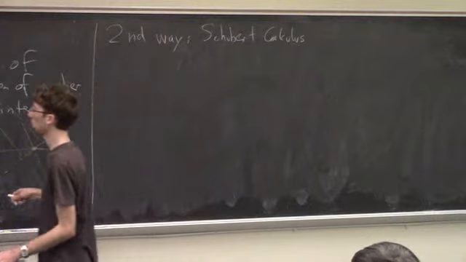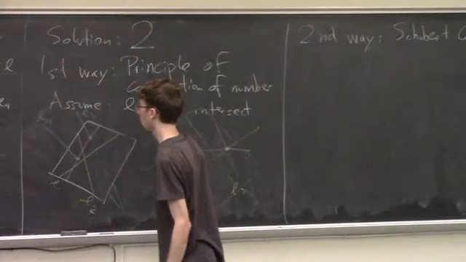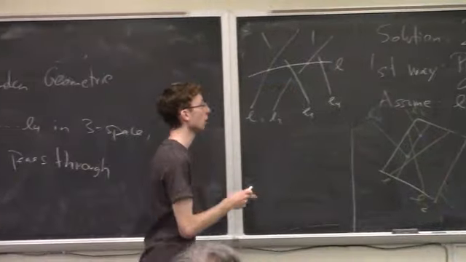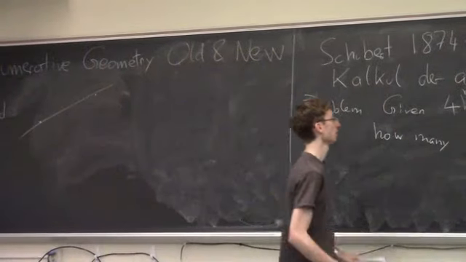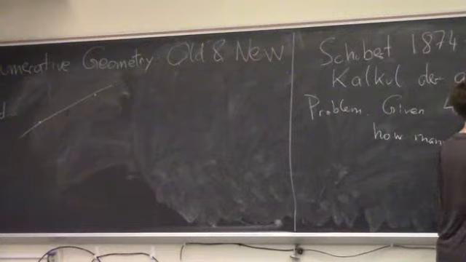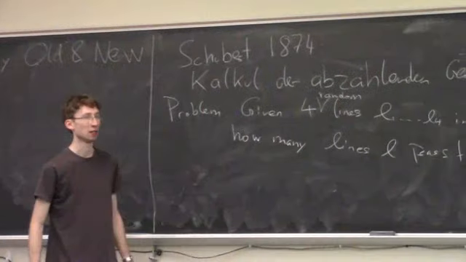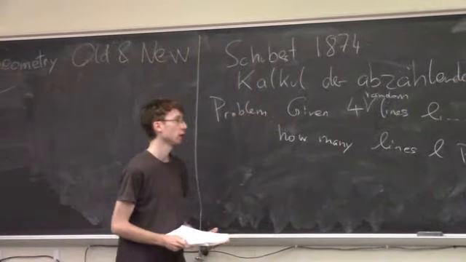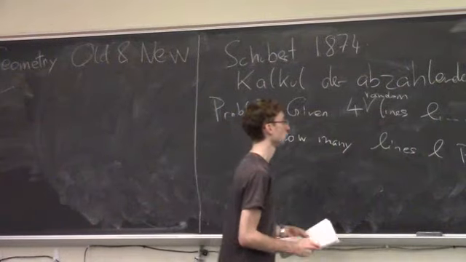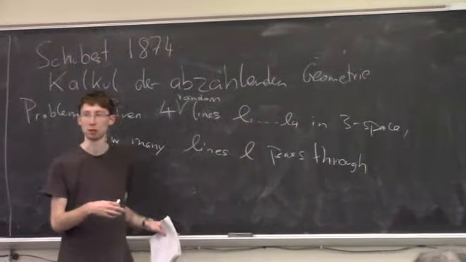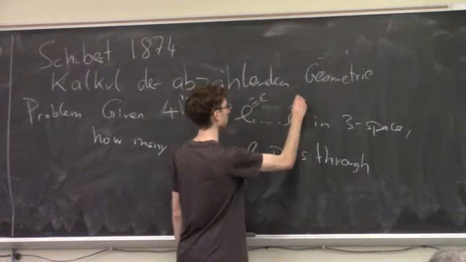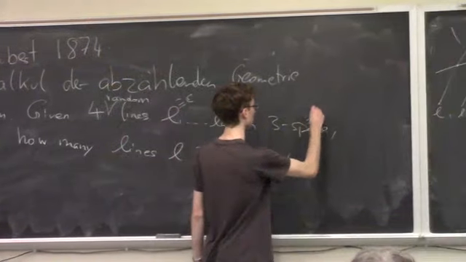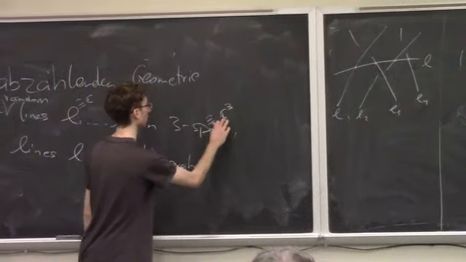The idea, maybe I should say one thing before I move on. Here I was a bit imprecise about what I mean by lines in 3-space. In the remainder of this talk, it is useful to work over the complex numbers. So each of these lines appears as a complex line lying inside C^3.